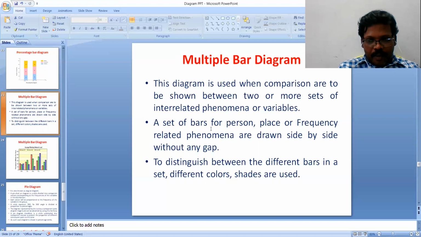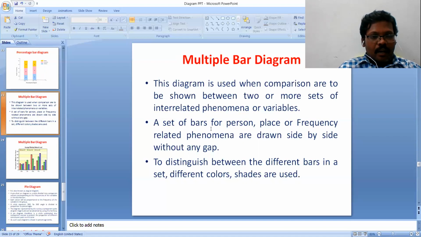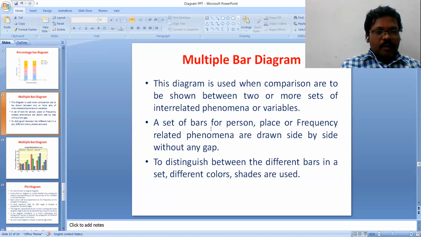Whenever we are discussing this set of bars, it may be person, place, or frequency, whatever it may be, related to the same phenomena, we draw them side by side without any gap. There should not be any gap for the same phenomena, same character, same person, or same place.